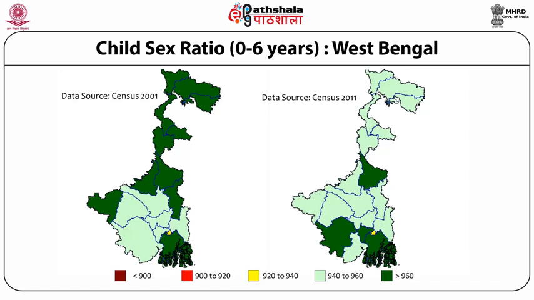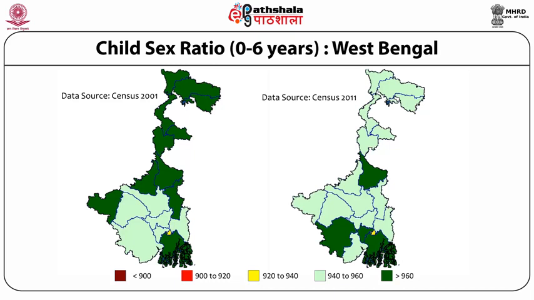In this map of West Bengal, 2001 looks really dark green, except for Calcutta, which is yellow and remains yellow in 2011. You do find a lot of dark green areas, particularly upper Bengal, the Darjeeling area and adjacent areas, declining.